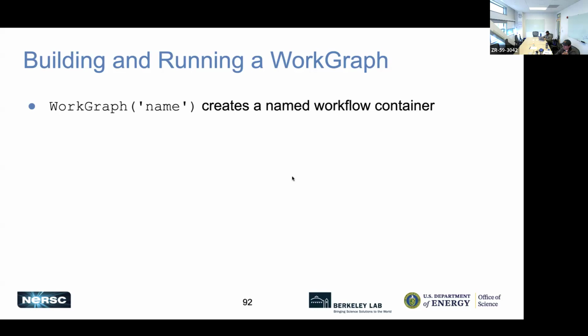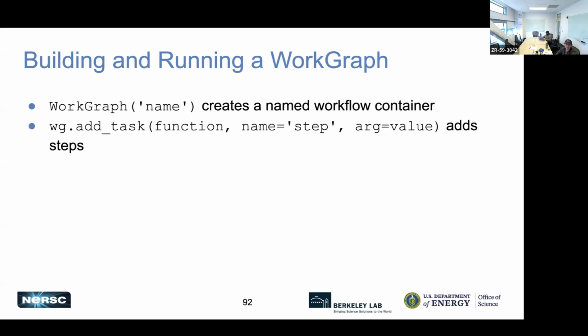So inside your Python script where you're setting up to use AiiDA, you have this work graph call, you give it a name that gives you the container that is going to be holding all of this record information. You add your functions to it, you include its name, its argument.